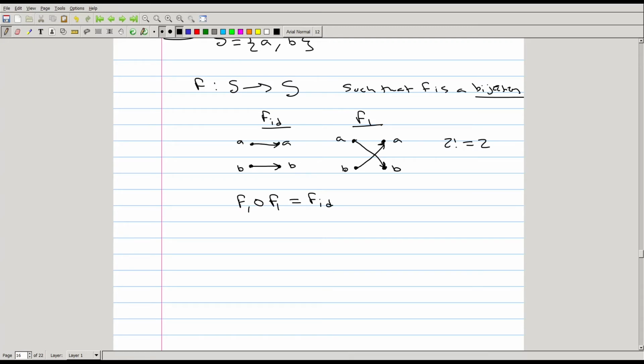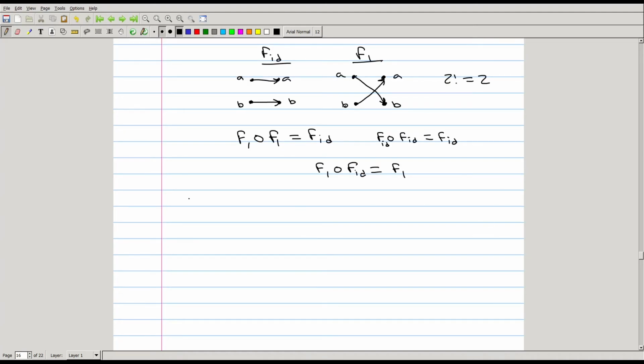So we can't really get a clear picture of how this is a non-commutative group in general, because we really only have 2 elements in this group. The identity map composed with itself is just the identity map, and F1 composed with itself is just the identity map, and then F1 composed with the identity map is going to be equal to F1 itself.